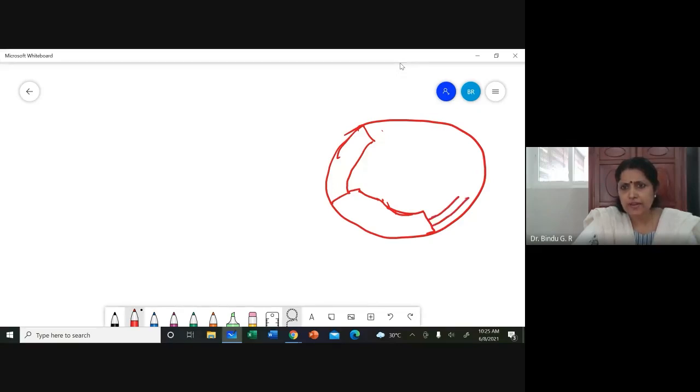Maybe you can have different materials also, and also an air gap.